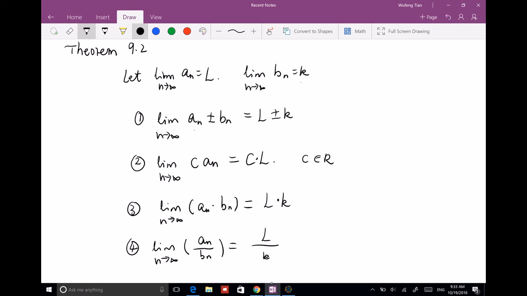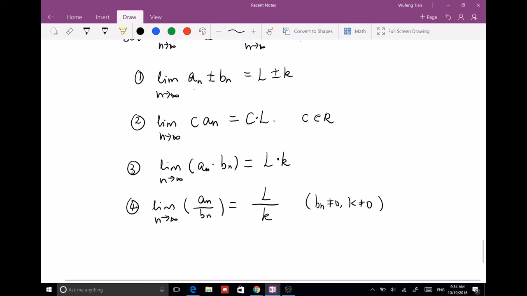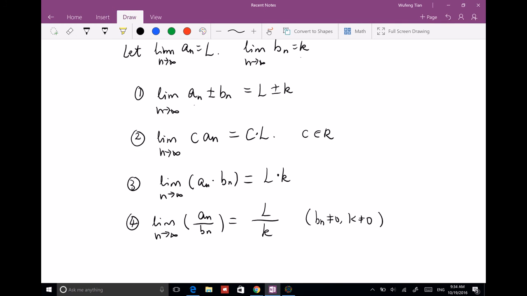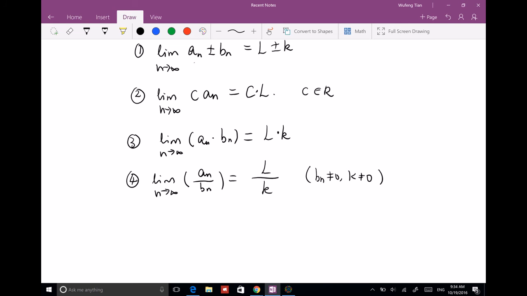Is there any restriction on this one? K cannot equal 0. Very good. So bn not equal 0, so k not equal 0. Because if you put it in the denominator, k cannot be 0. I think this theorem is very straightforward.